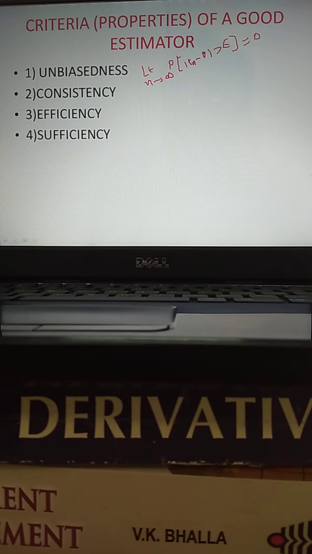The next property is efficiency. For only one average, you can have different formulas: you can calculate the average by the arithmetic mean, and you can even calculate it using the median. Both are averages only.